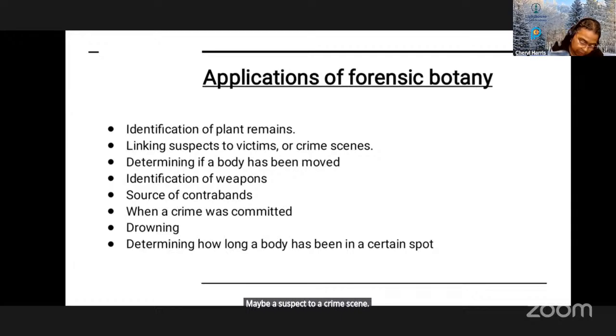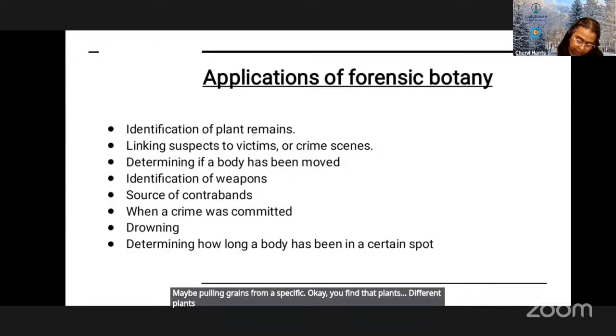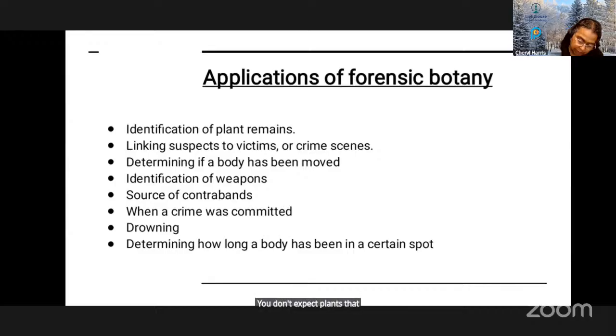We have pollen grains. You find that different plants are found in different geographical locations. You don't expect plants that are found in the desert to be found in areas that are not deserts.